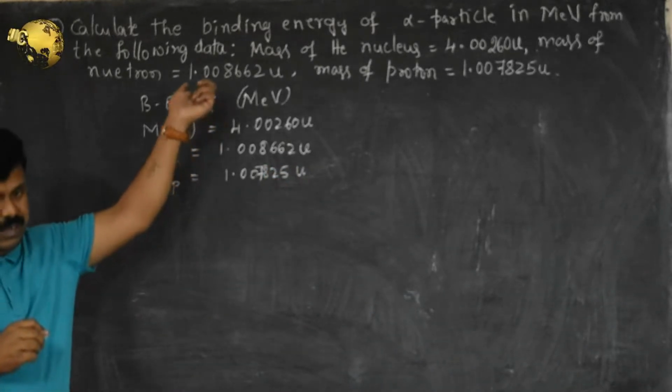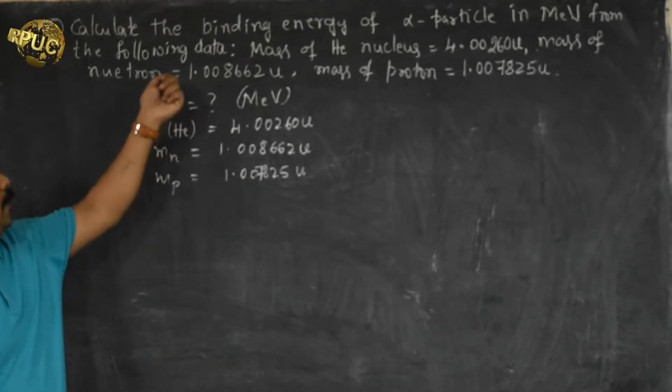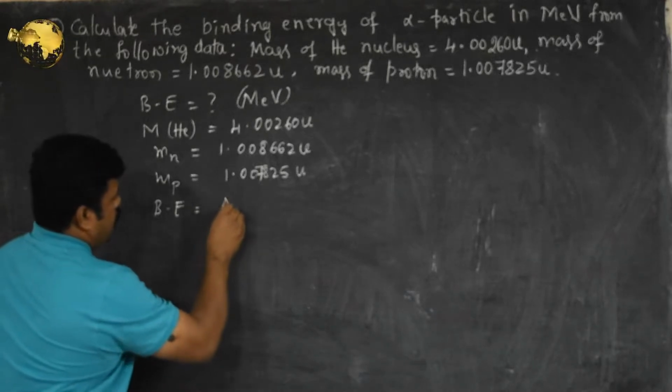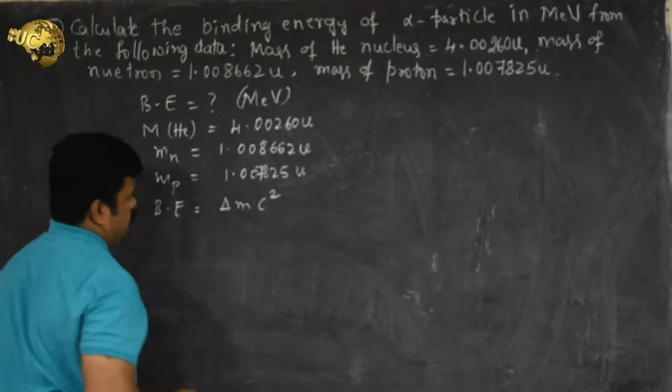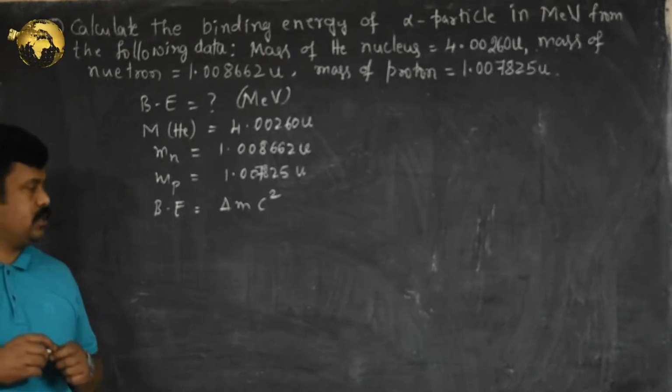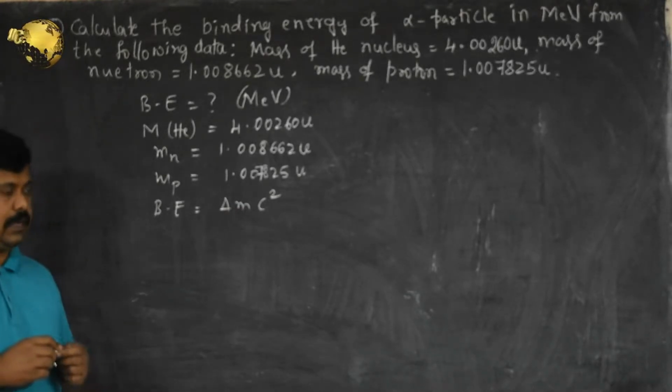So it's a very simple one. Binding energy is equal to delta M into C square. By finding delta M, that is the mass defect, we can find the binding energy.